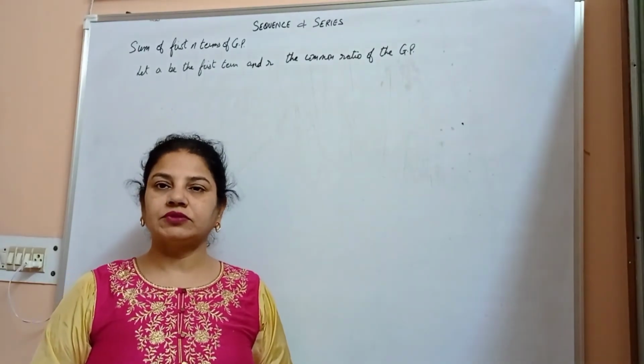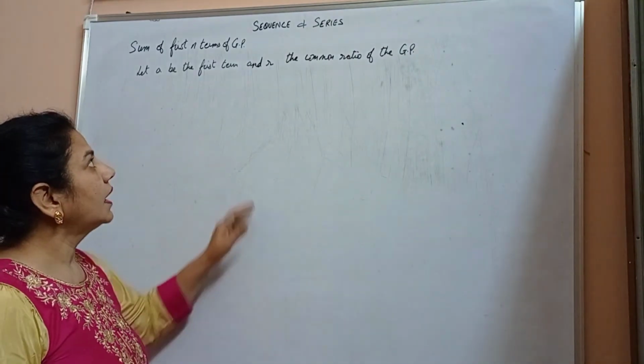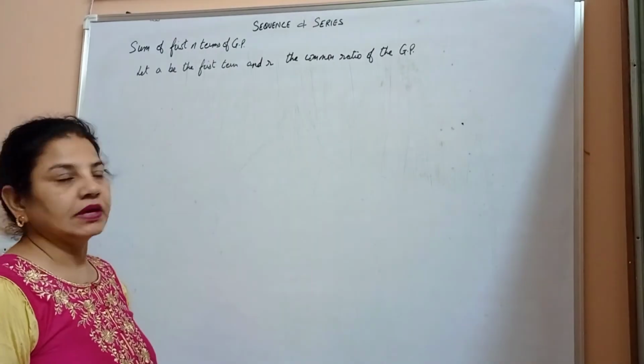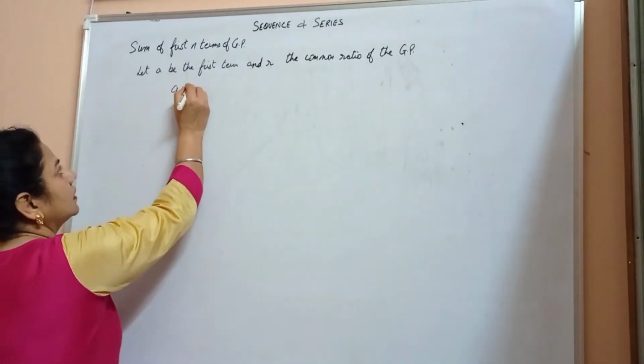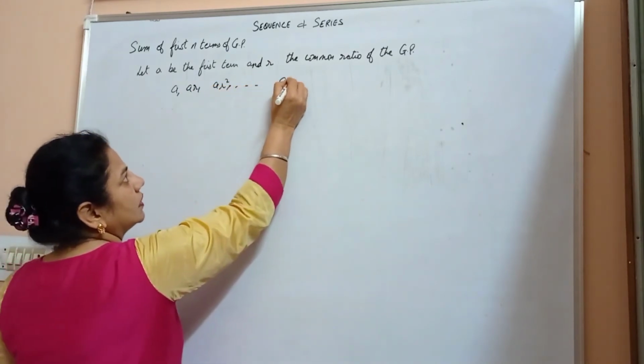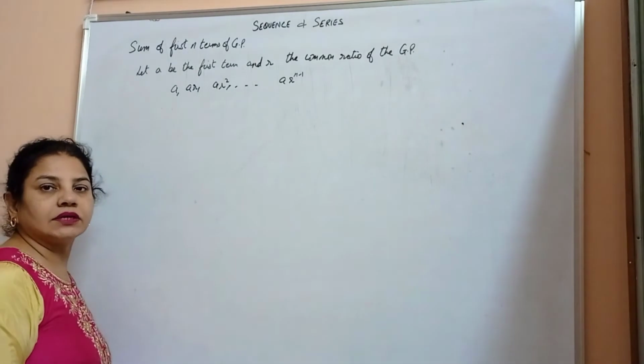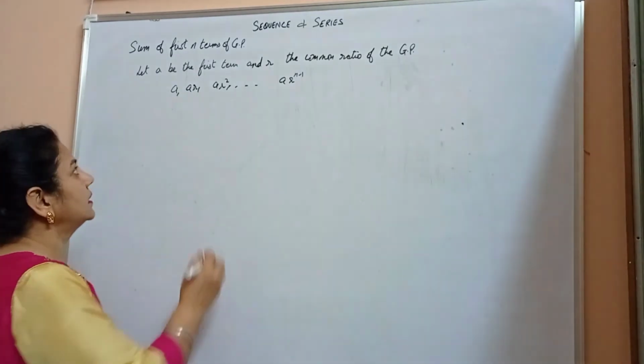Sum of first n terms of GP. Let A be the first term and R be the common ratio of GP, and the terms of GP are A, AR, AR square, and so on, AR to the power n minus 1.